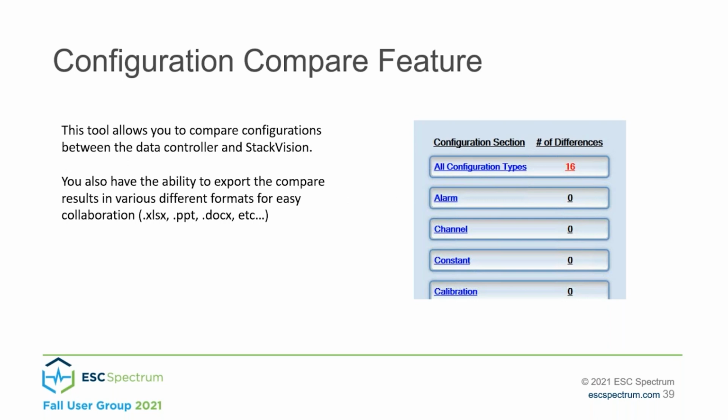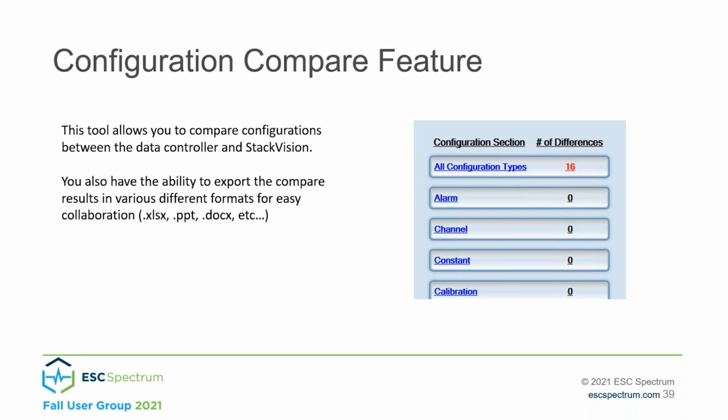What's common is people that work with the 8864 only will make changes in the 8864 and forget to notify environmental about what needs to be changed in StackVision. The benefit of config compare is that it can help identify configuration changes made to the controller or to StackVision, and you can go in and make those changes to keep the configurations consistent.